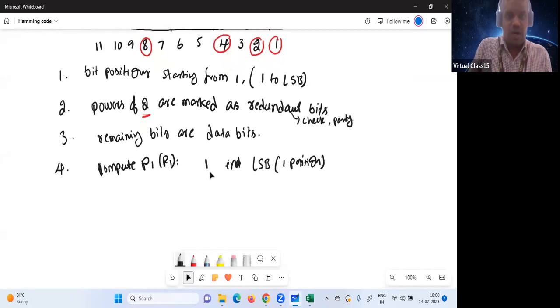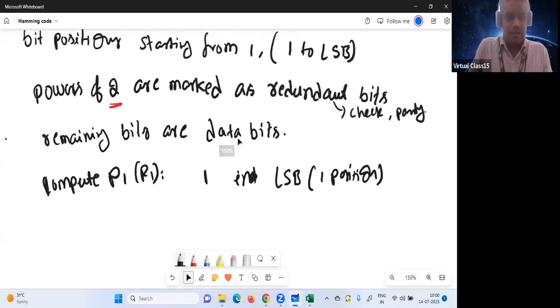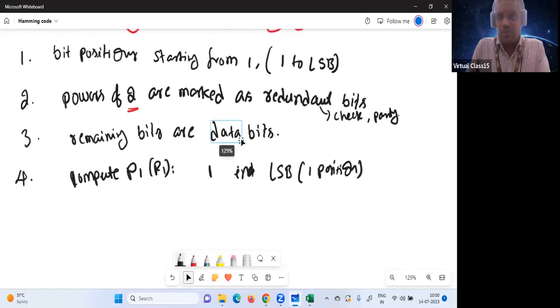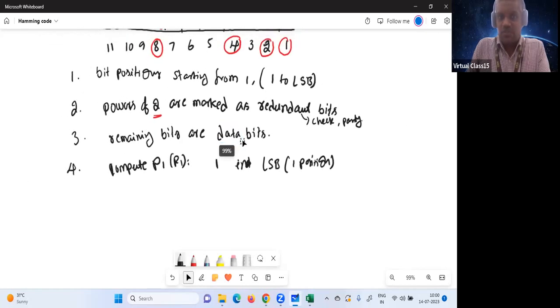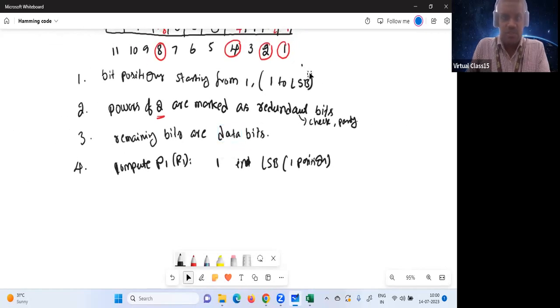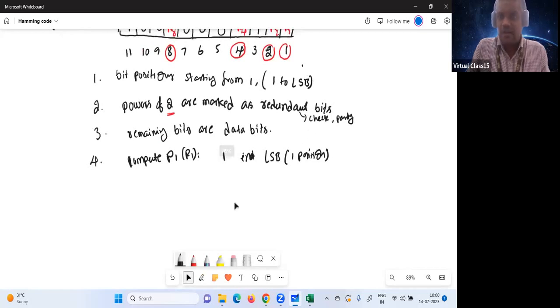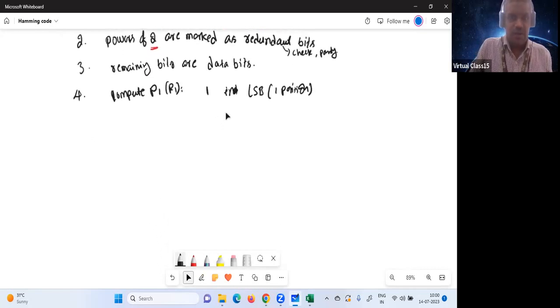So there are 11 bit positions. First we have to write all these bit positions as binary values.